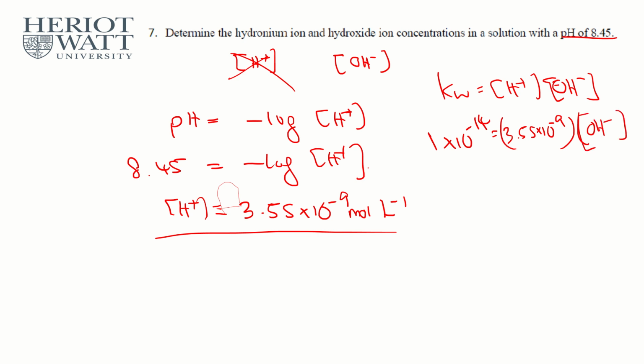And then from here, we calculate 1 times 10 to the power negative 14 divided by 3.55 times 10 to the power negative 9. Right? So you get your concentration of OH minus equivalent to 2.90 times 10 to the power of negative 24.